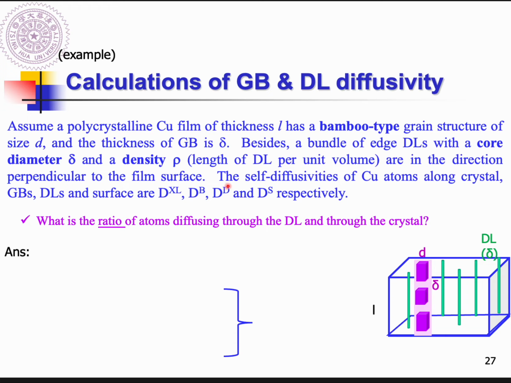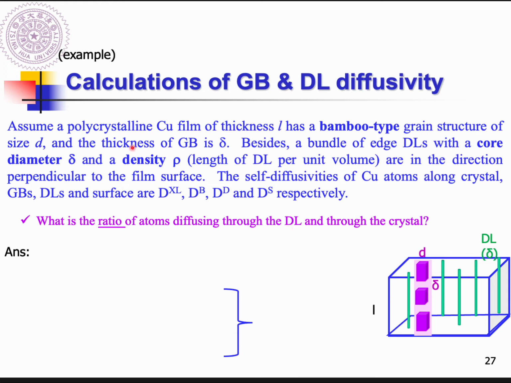The self-diffusivities of copper atoms along the crystal, grain boundary, dislocation, and surface are D_xl, D_b, D_d, and D_s respectively. Please answer the following questions. The first question is: what is the ratio of atoms diffusing through the dislocation and through the crystal?